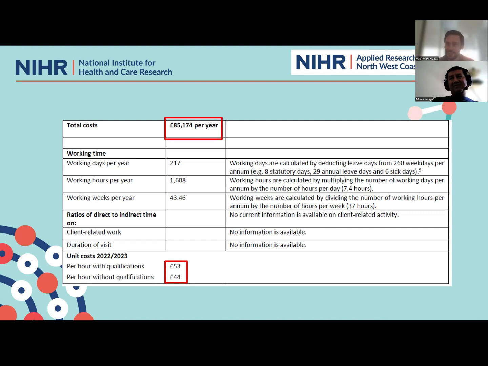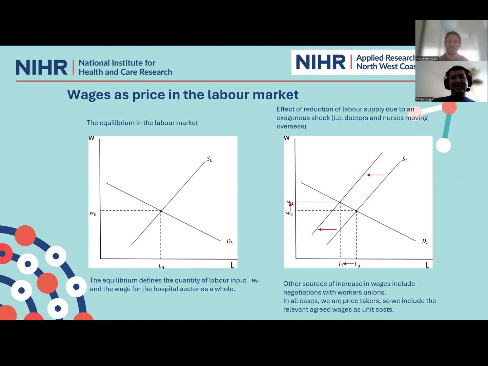Now, focusing on salaries. So we got the salary for the social worker here, but how do these salaries get established, basically? How does the market work in terms of setting these salaries? In this slide, we have the equilibrium in the labor market. So we have the demand curve and the supply curve.